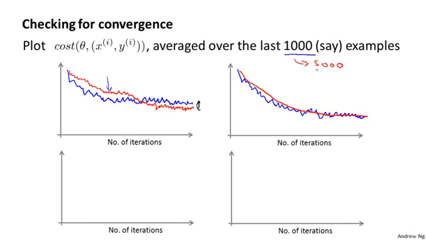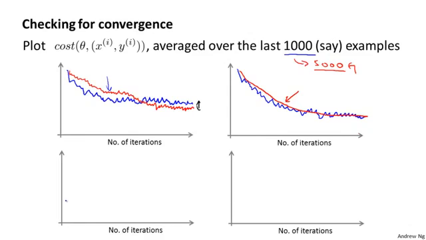That's the effect of increasing the number of examples you average over. The disadvantage of making this too big, of course, is that now you get one data point only every 5,000 examples, so the feedback you get on how well your learning algorithm is doing is more delayed.